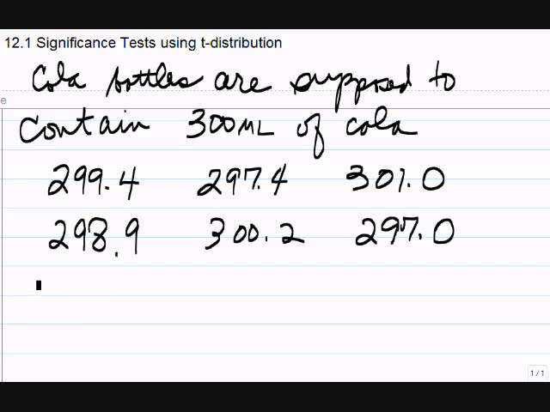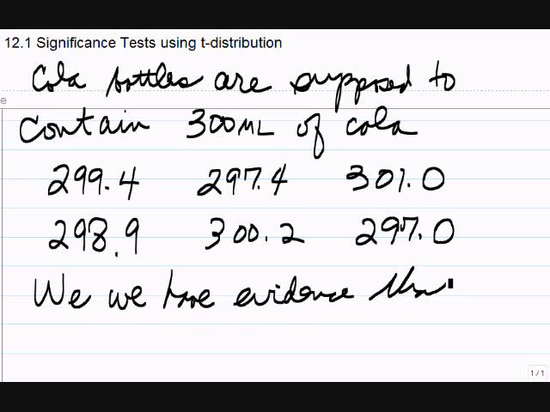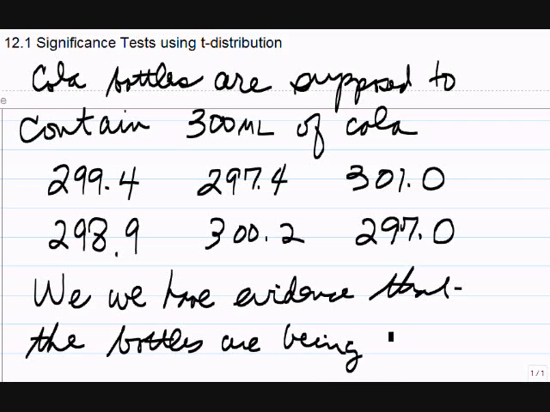The question is, do we have evidence that the bottles are being underfilled?